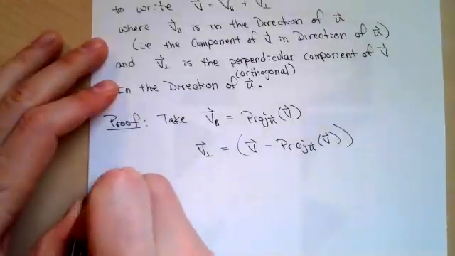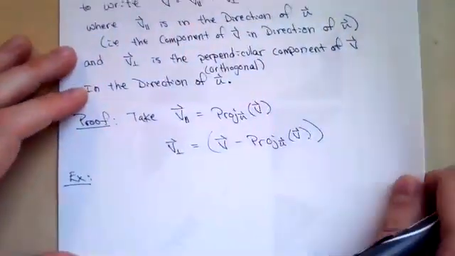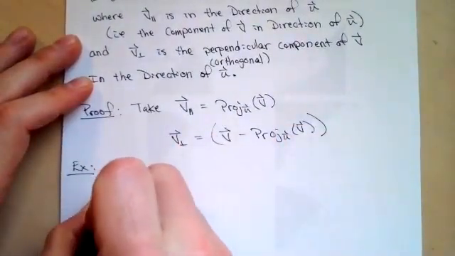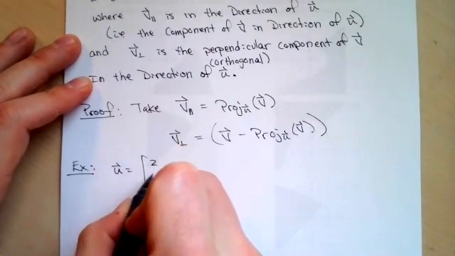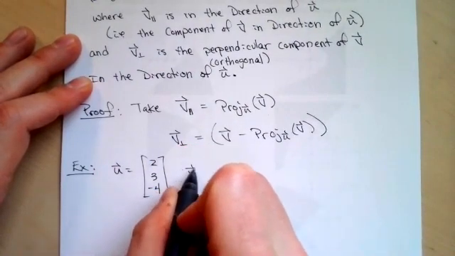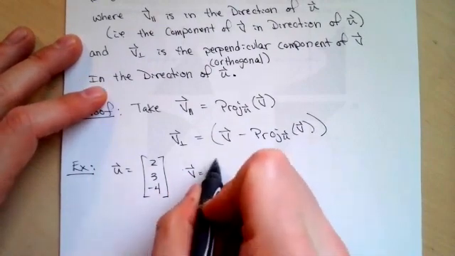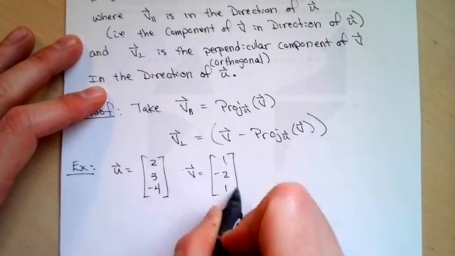Let's do an example. Let's suppose we have our u is 2, 3, minus 4. And our v is 1, minus 2, 1.